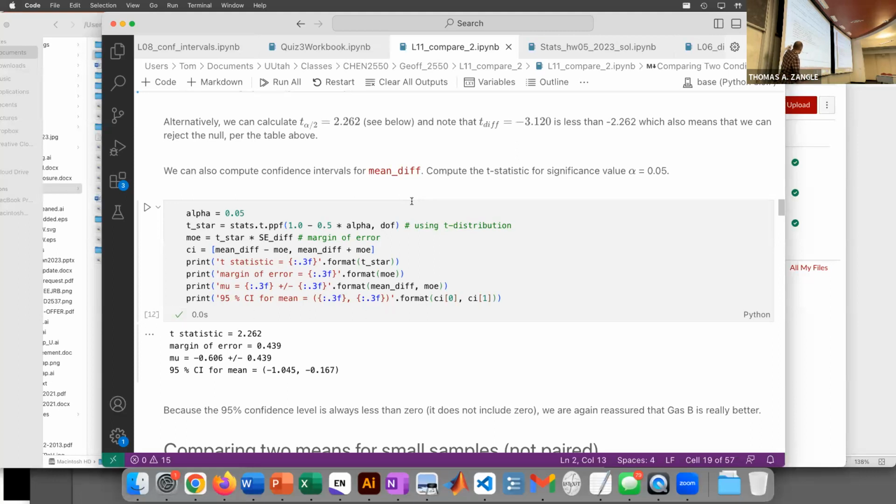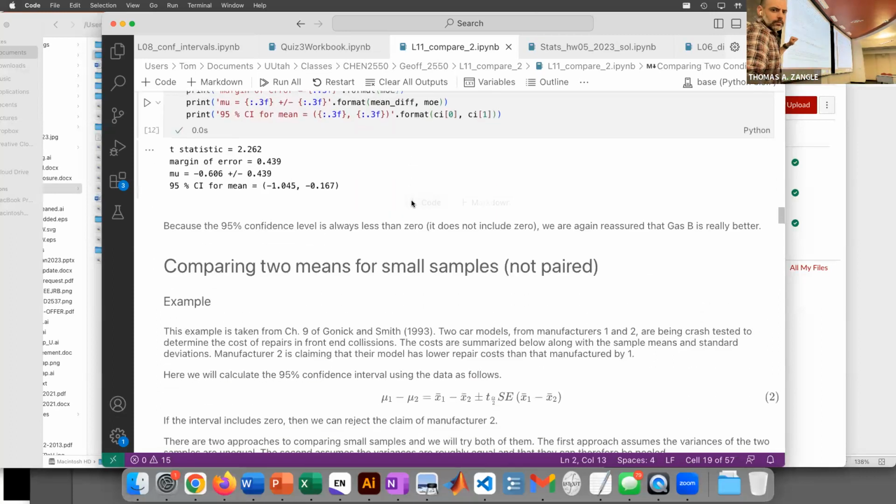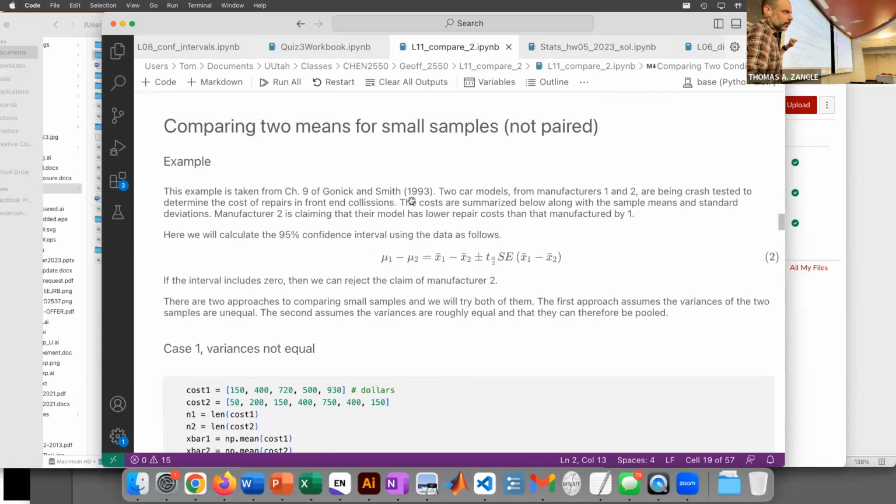And so therefore we would estimate that the mean is negative 0.6 plus or minus 0.439. Or we could estimate upper and lower bounds on the 95% confidence interval as just taking the mean plus or minus what our confidence interval was.